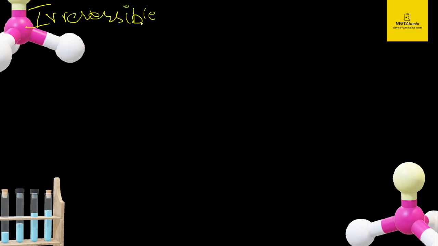That is, they are unidirectional, but reversible reactions are bidirectional. What are the examples of irreversible reactions? Thermal decomposition reactions, precipitation reactions, neutralization reactions, and redox and combustion reactions are all examples of irreversible reactions.